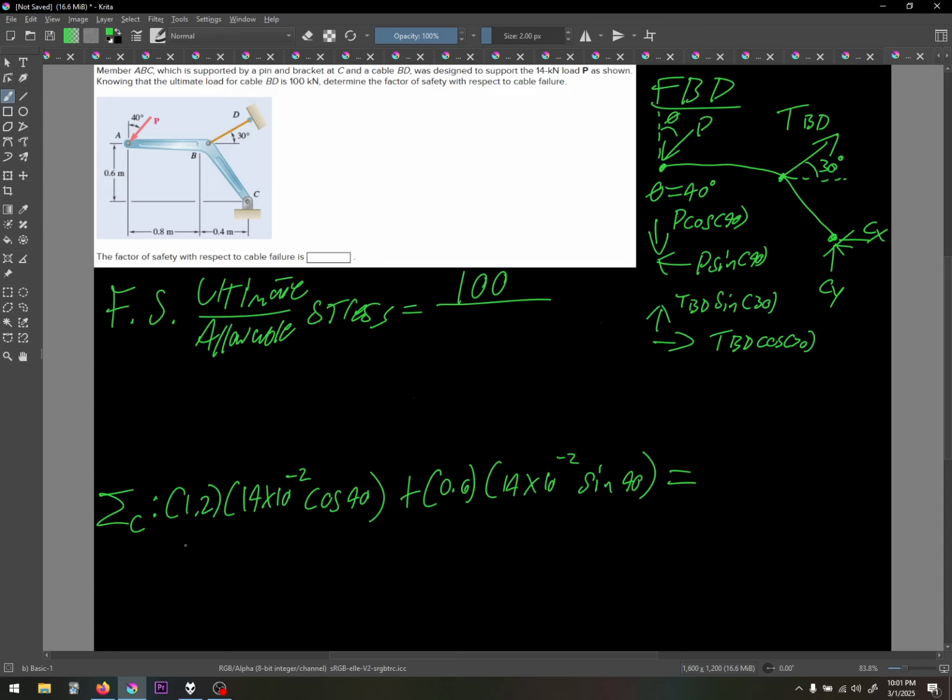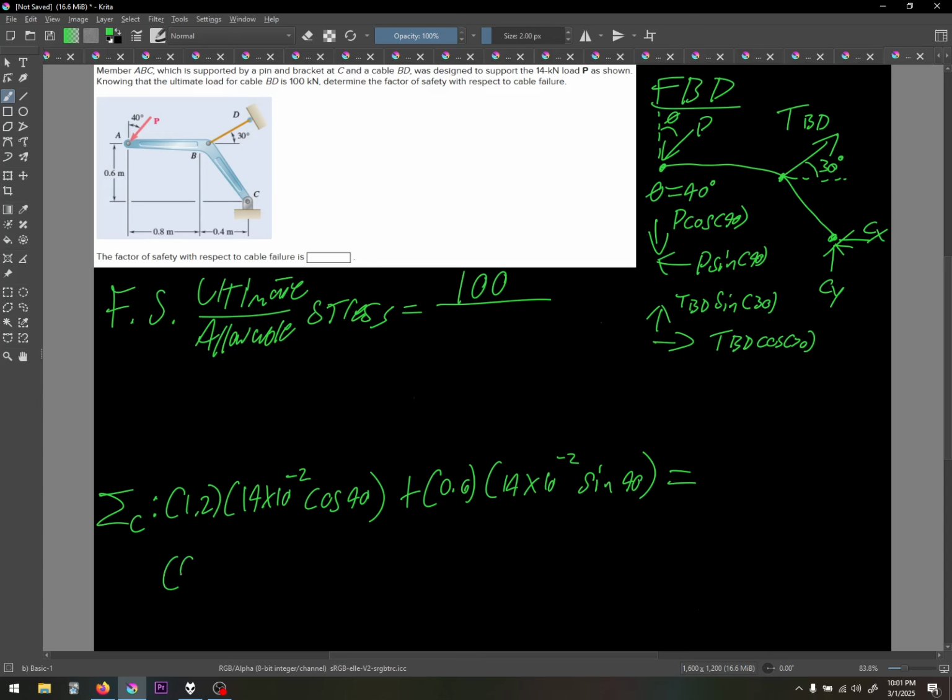So with this, how far is this to this? I'm assuming this is supposed to be along point B, so let's just call it point 4. Up and down is this distance here, so this is going to be sine.